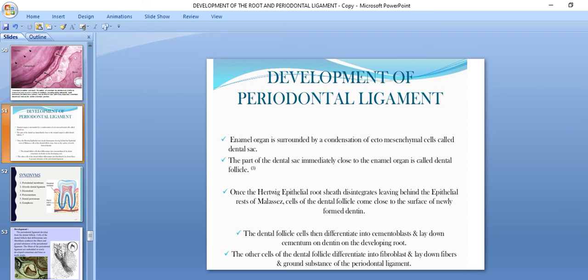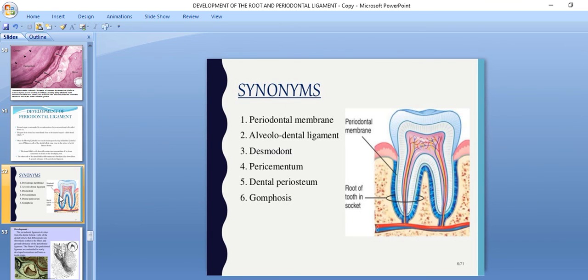Prior to root formation, the cells of the dental follicle have the characteristics of undifferentiated fibroblasts, containing few cytoplasmic organelles. With the onset of root formation, the cells show an increase in cytoplasmic organelles, especially those associated with protein synthesis and secretion, and extracellular spaces begin to fill with collagen and ground substance.